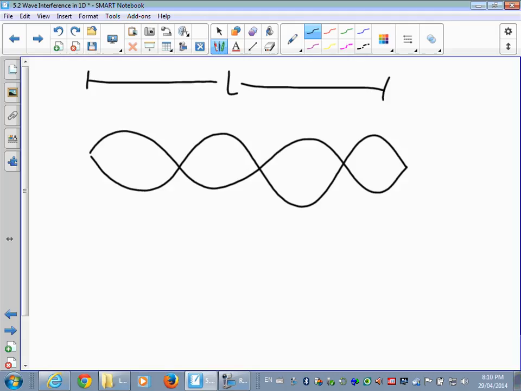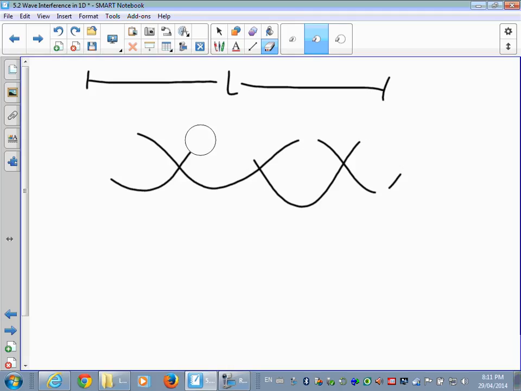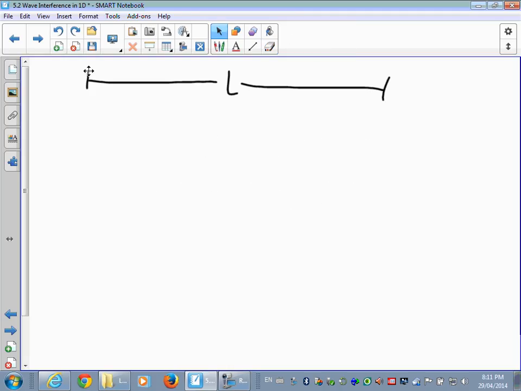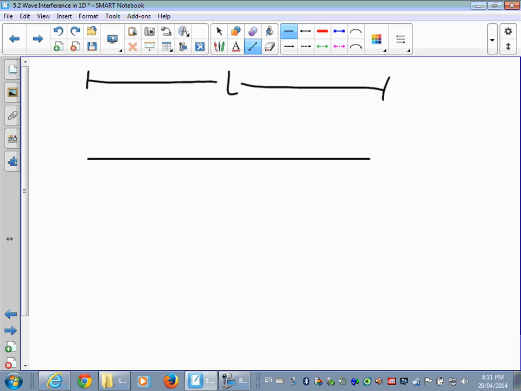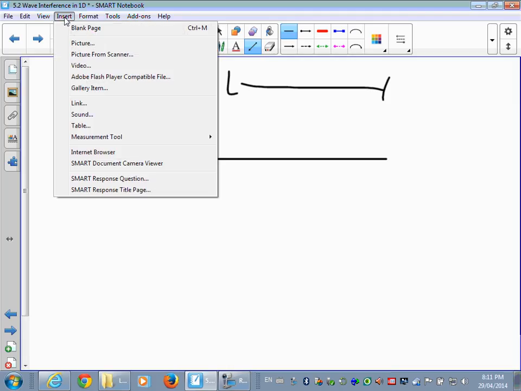That is a poorly drawn standing wave, but it's close enough. Let's try that again, actually. Might help if I put a little line here. And just to make things a little bit easier, I'm going to insert a ruler.